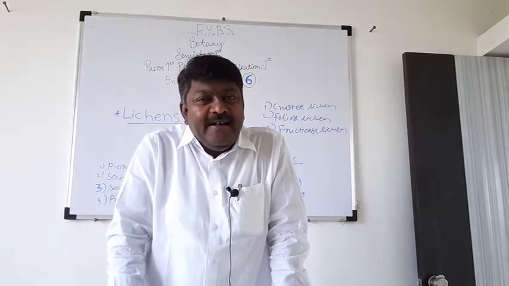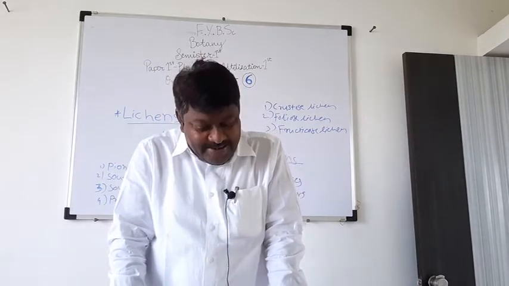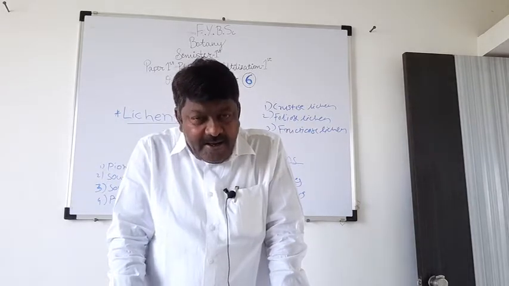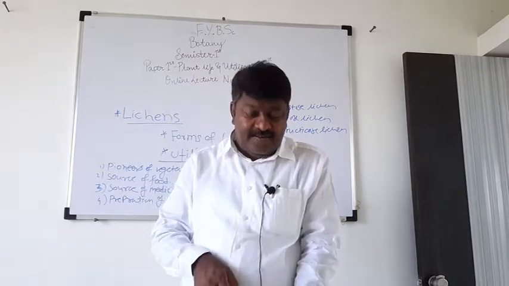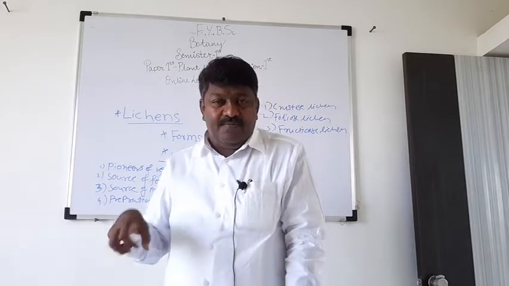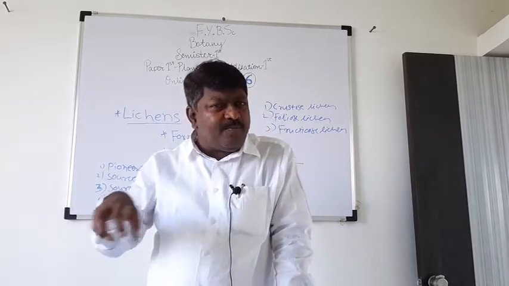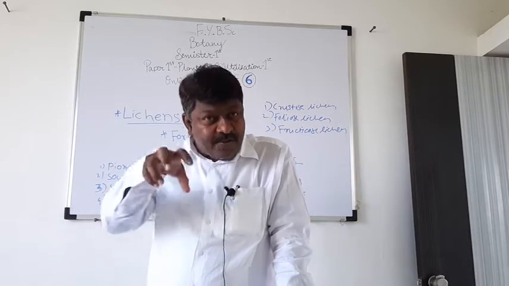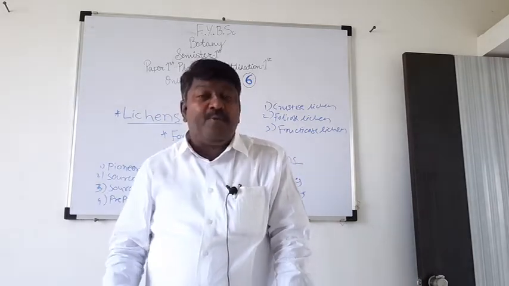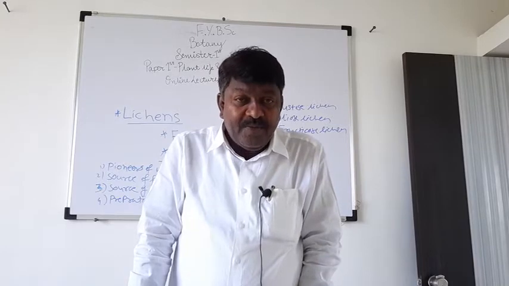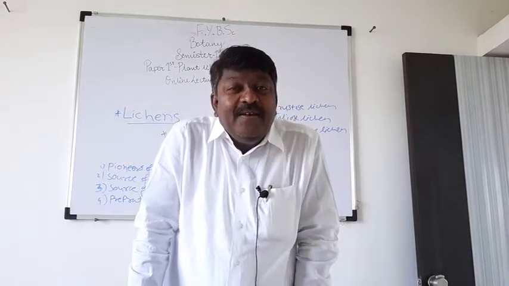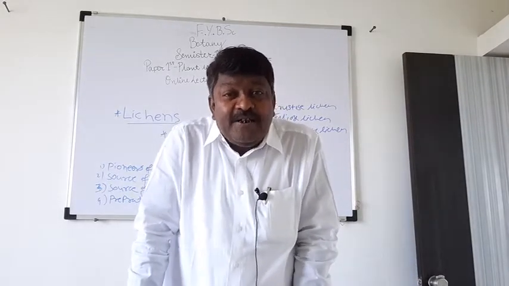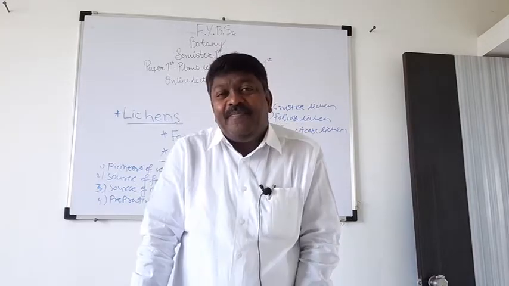outgrowth, and these hair-like outgrowths are called rhizines. And these rhizines are absorptive in nature, and provide support. Parmelia is the example of such type of lichen.